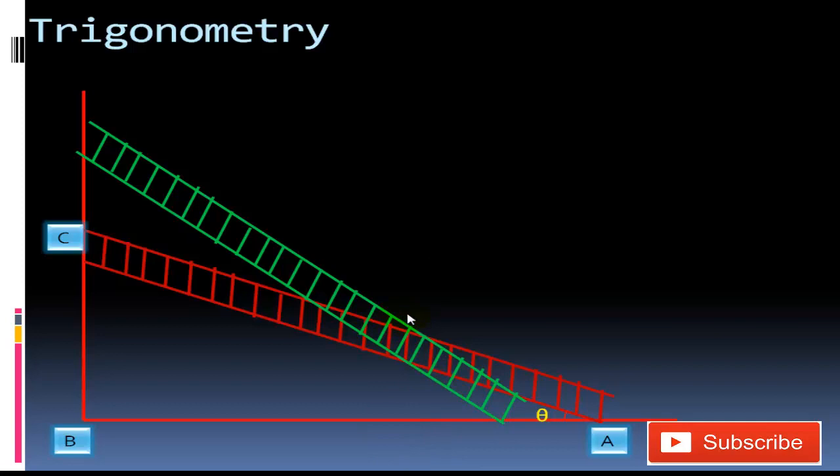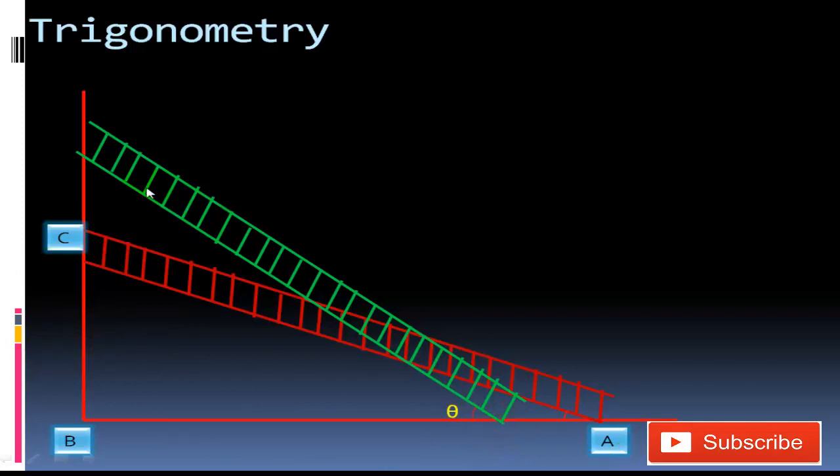If we observe these two positions, what changes occur between them? The angle made by the ladder with the ground changed. The distance between A and B changed, and the height also changed.